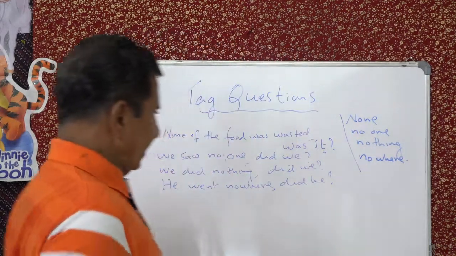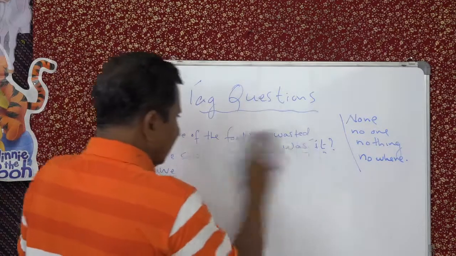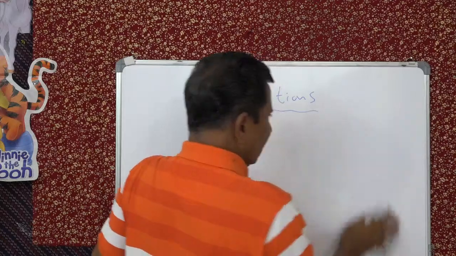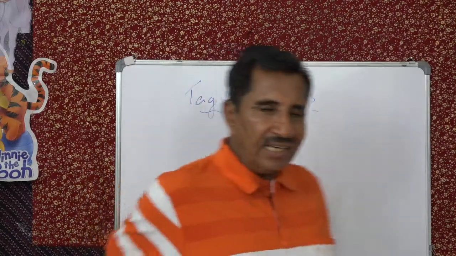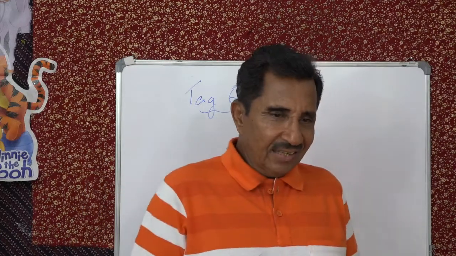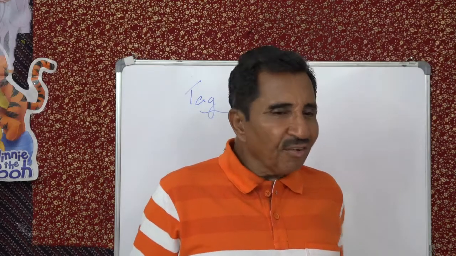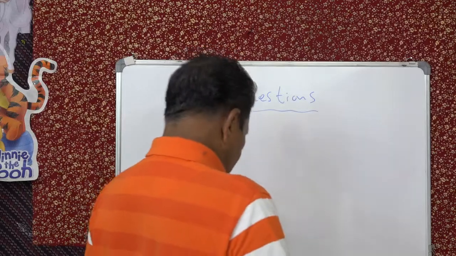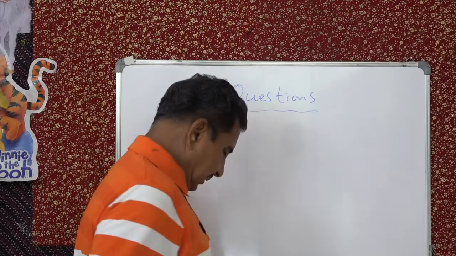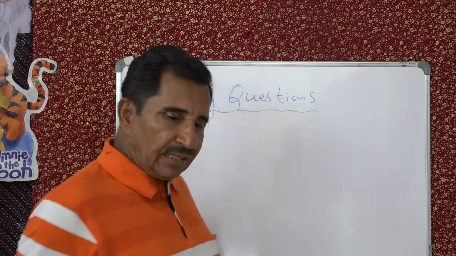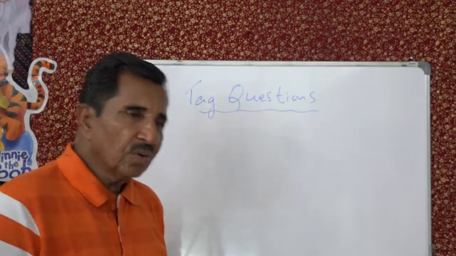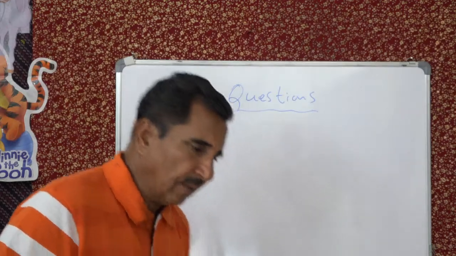Understand? Yeah. Again we have some words which have negative meanings: scarcely, hardly, rarely, and also little, few. These are some words, and when you use them in sentences, the meaning is negative, and therefore you should use a positive tag.